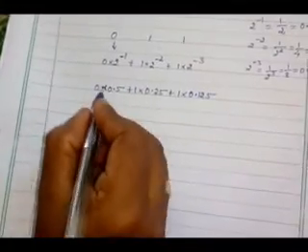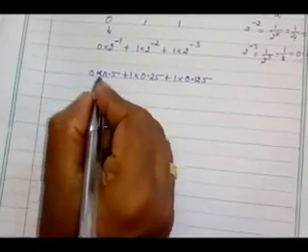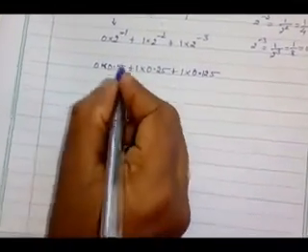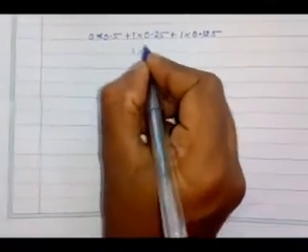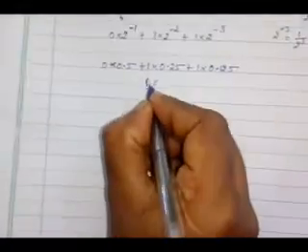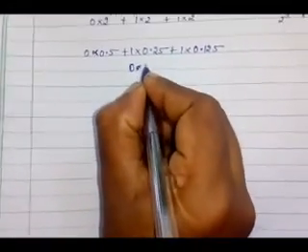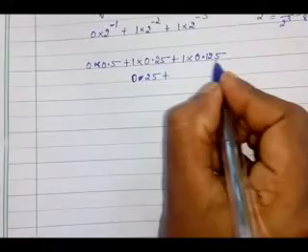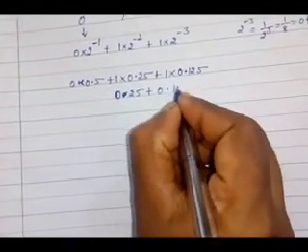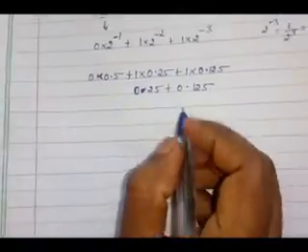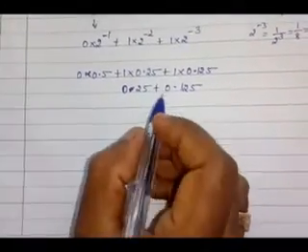So 1 into 0.25 is 0.25, plus 1 into 0.125 is 0.125. Ordinary multiplication only. Then fractional addition.